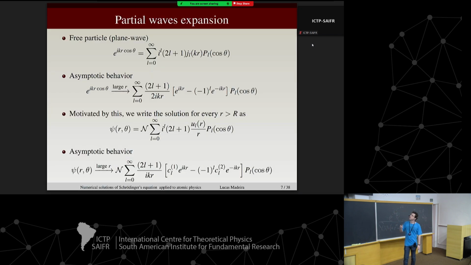Okay. So I want to divide my problem into angular momentum components. It's what's called partial wave expansion. So the first thing is I have this incoming plane wave, right?